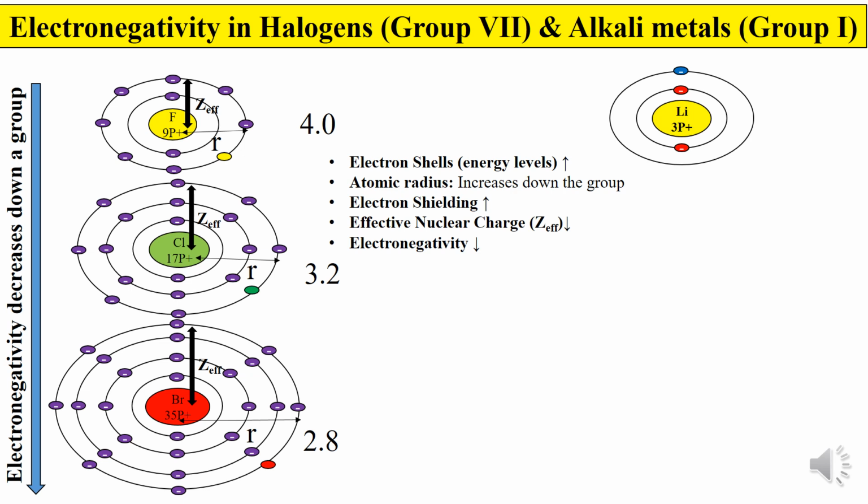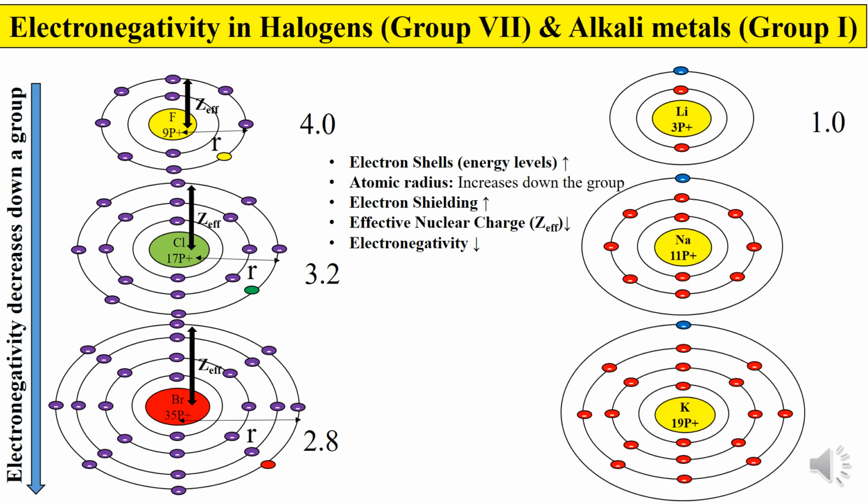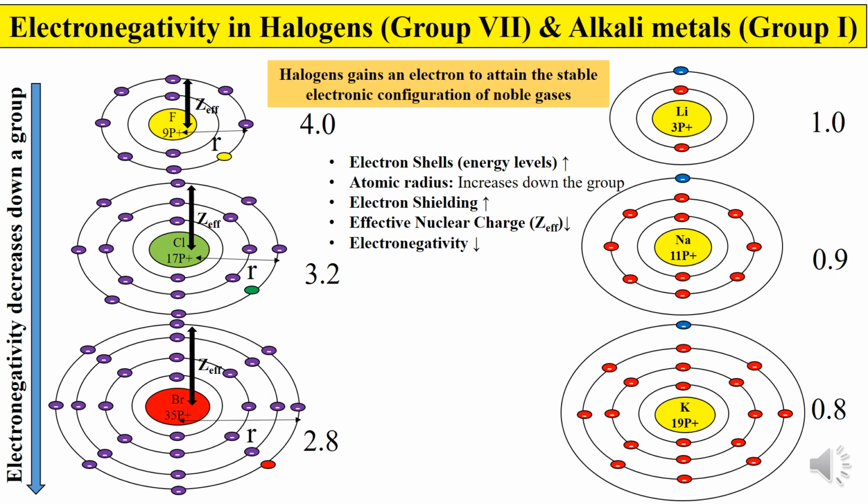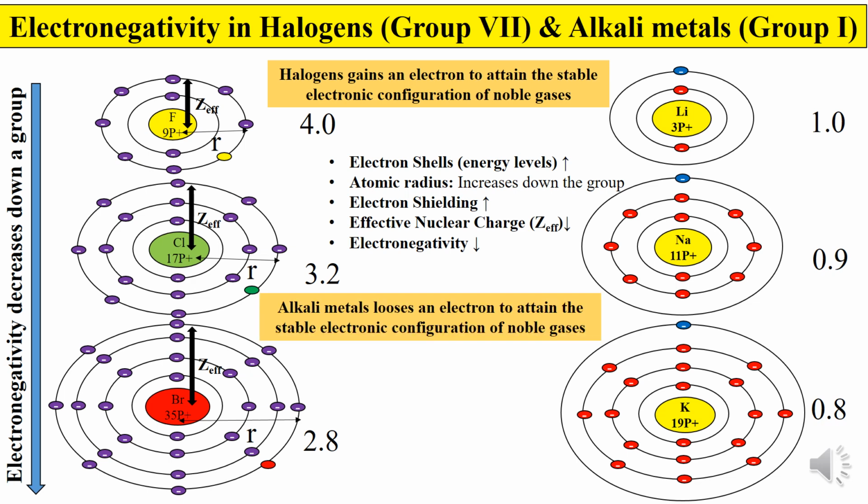So in case of group 1 elements, that is alkali metals, you find a decrease in the electronegativity value as you go down the group. Now there is one highlighting feature which I need to mention between these two groups: halogens gain an electron to attain the stable electronic configuration of noble gases, while the alkali metals lose an electron to attain the stable electronic configuration of noble gases.